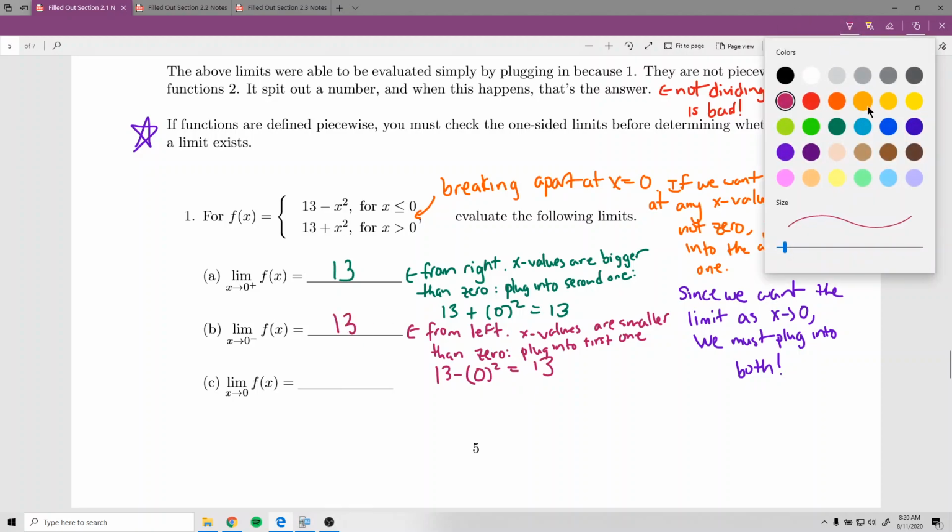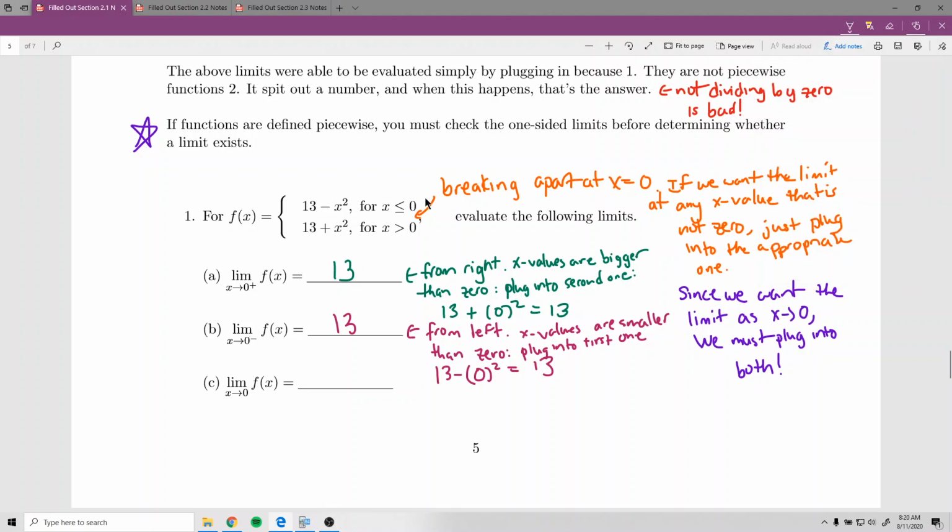Now, regardless of whether these work out the same or different, whenever you see a piecewise function, this is your thought process. Do I need to plug it into both or just one? Look at where it breaks apart. If you have to plug it into just one, plug it into that one and you're done. If you have to plug it into both, do it like we did here, and then compare the answers.